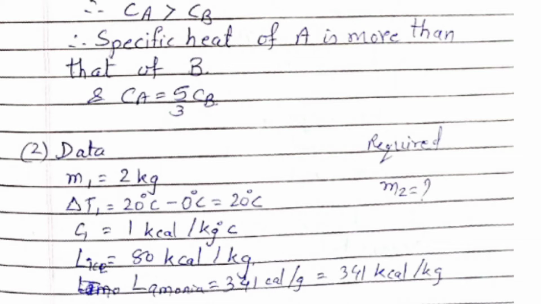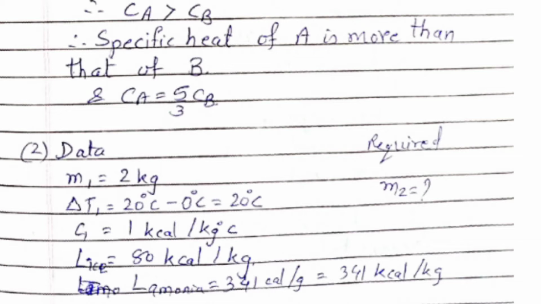Fine. Now, children, how many grams of ammonia are to be evaporated? So you are asked about M2. I hope you remember that I told you to remember the latent heat of fusion.